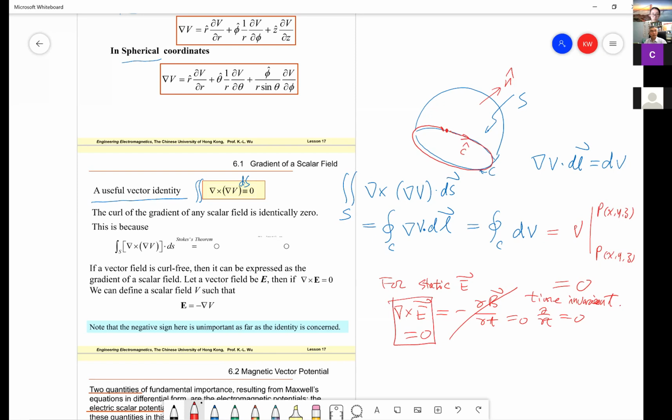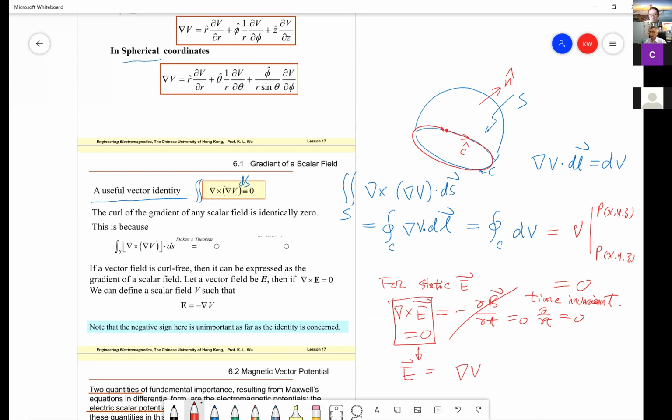Then you see the curl of the electrical field always equals 0. That means the electrical field can be represented by the gradient of a scalar field.